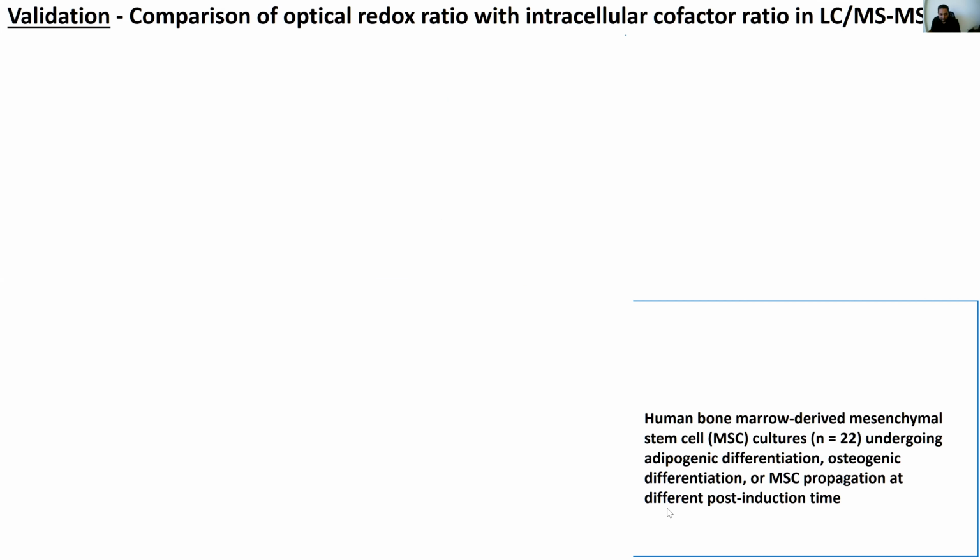Now, one of the papers that talks about it looked at human bone marrow-derived mesenchymal stem cells, and these stem cells are going into different types of differentiation. So there's adipogenic, osteogenic, and MSC propagation, and they are trying to see what happens after the induction.